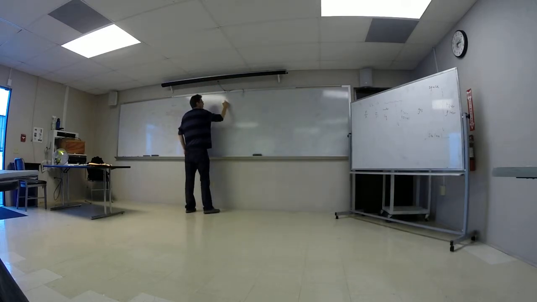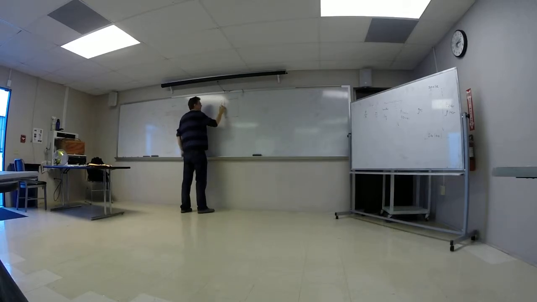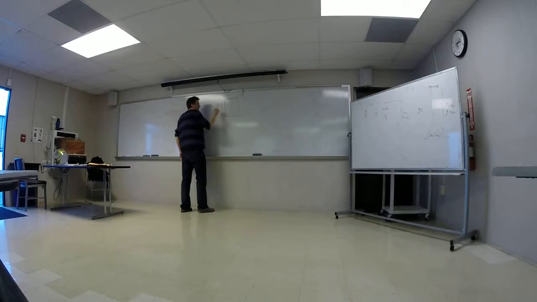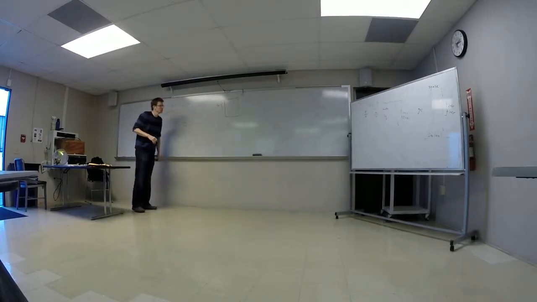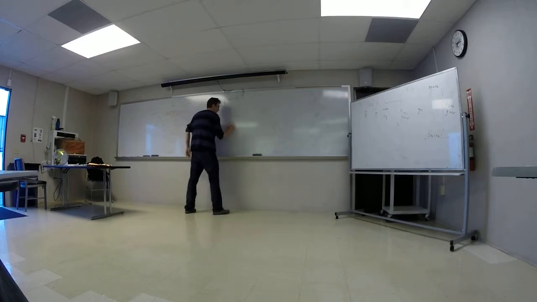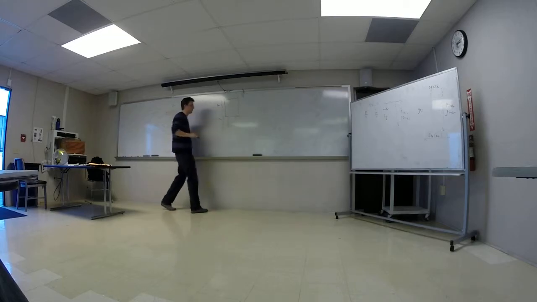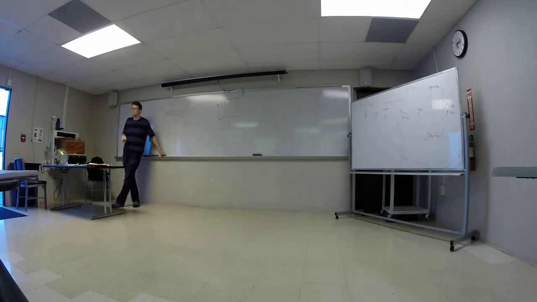Here's my example. I'm going to have a big tank of water. It's going to be 5 meters deep, and there's going to be a hole at the very bottom. And I'm going to put this water tank here on stilts, and that places the bottom of the tank 4 meters above the ground.